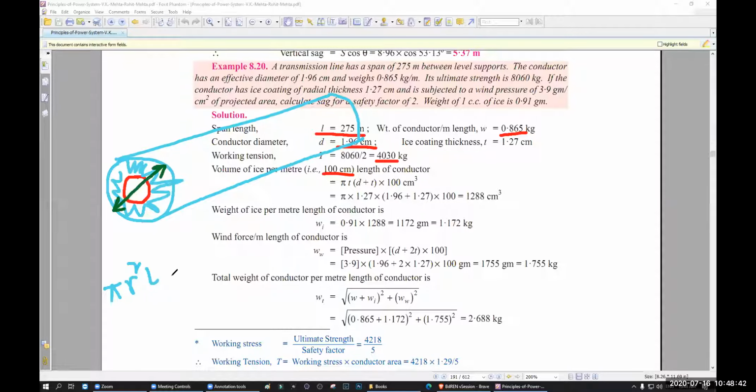Now you have to subtract the inner part as well. So pi, let's say this is R2 and this is R1.